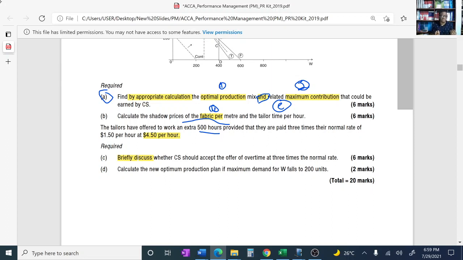So in some short sentences, the key verb there is discuss. It means the arguments for and against whether CS should accept the offer of overtime at 3 times the normal rate, also for 6 marks. So we need a balanced argument in order to meet the requirement of discuss, and to calculate the new optimum production plan if the maximum demand for W falls to 200 units.